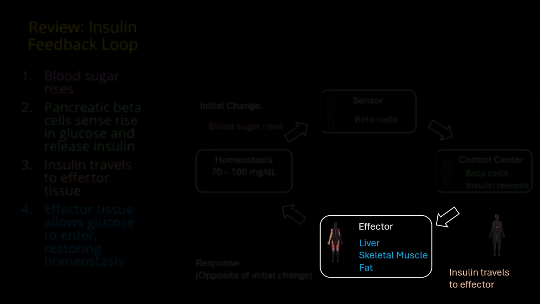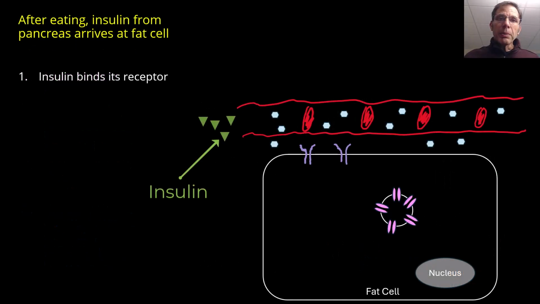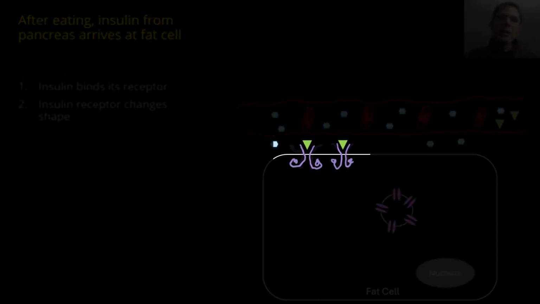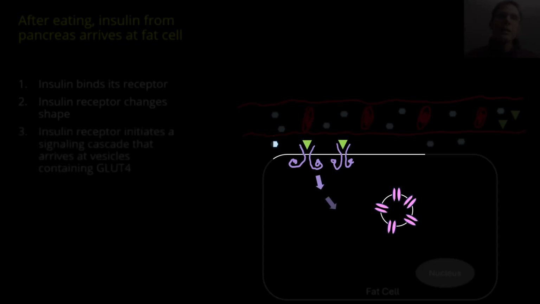Now we're going to look at how insulin affects the target tissue. Insulin arrives from the pancreas. Some of it binds to the insulin receptor. At that point, the insulin receptor changes shape. This causes a signal to be sent from the insulin receptor through the cytoplasm. Some of it arrives at the vesicles containing GLUT4.